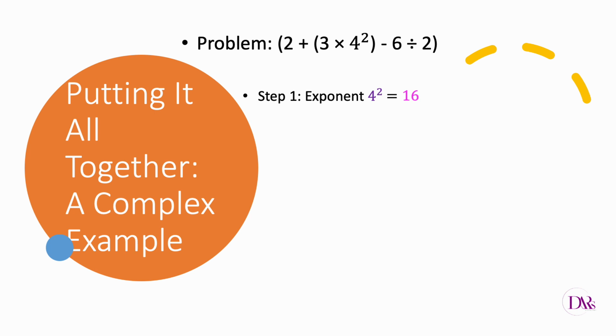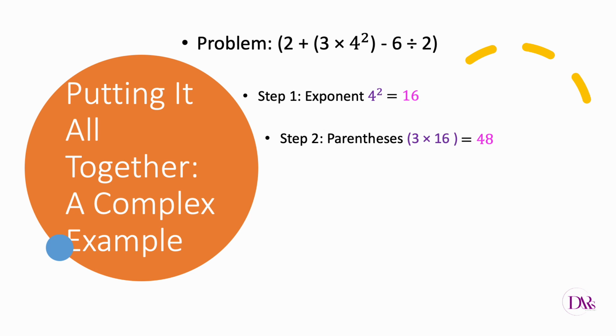Next, we will look for our next step that we are going to do, which is, you guessed it, the parentheses now. Now we are going to multiply 3 times 16. You are correct. It is 48. Good job.